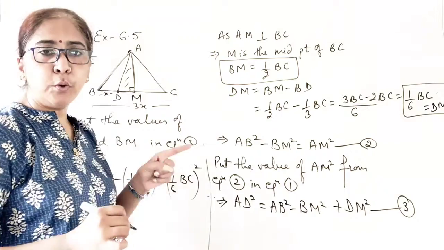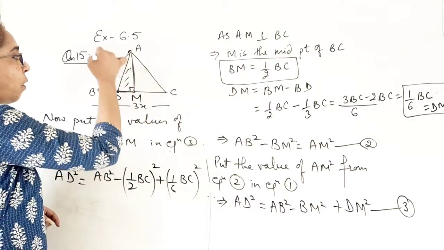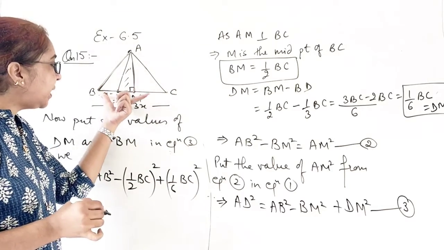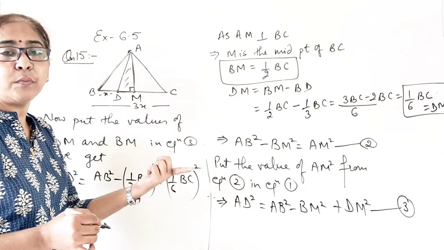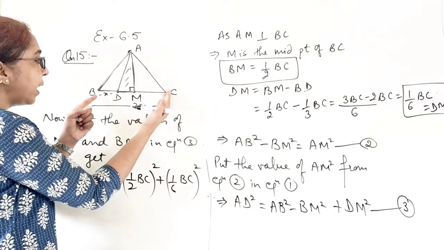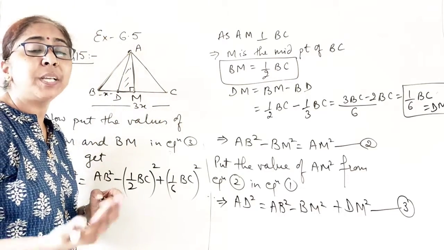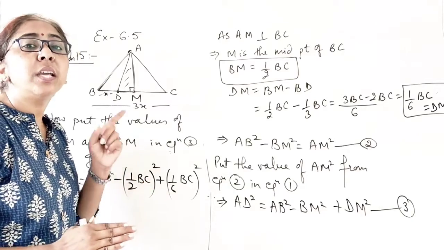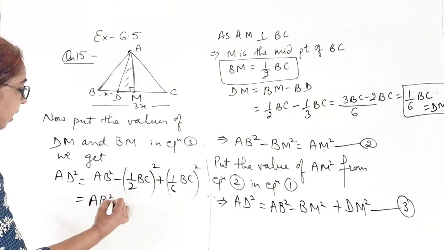Right. One more thing we know. What we know? In an equilateral triangle, all 3 sides are equal. We know this. And BC and AB both are equal because these are the sides of an equilateral triangle. That's why I can write instead of BC, I can write AB. And why am I writing this? Because to prove, I don't want BC, I want AB. So I am just removing this also.